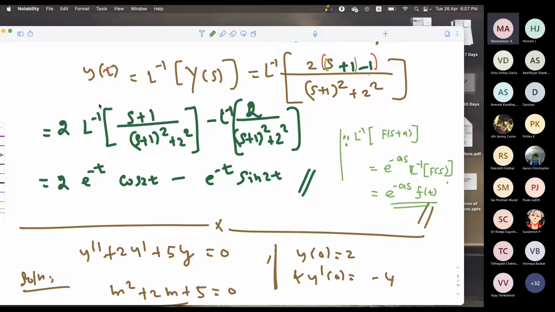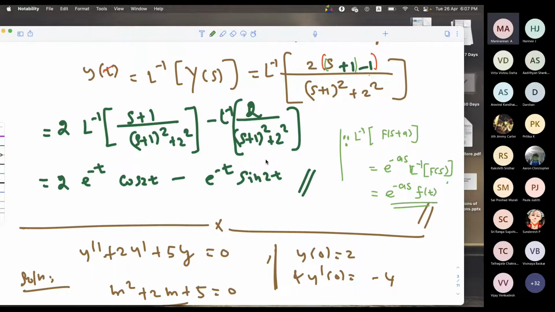So this minus 1 we may take outside wherever this s plus 1 form is there. So e raised to the power minus t remaining L inverse of s divided by s square plus 2 square, that is cos 2t. Here e power minus t, then remaining it is L inverse of 1 upon 2 into 2 upon s square plus 2 square, which means it is sin 2t. Have you got the point?